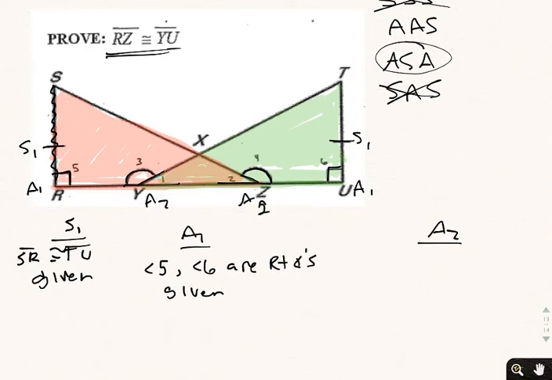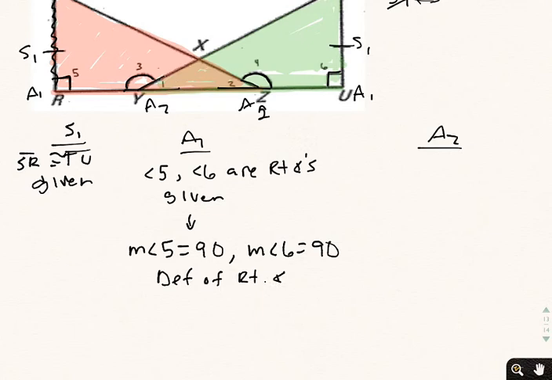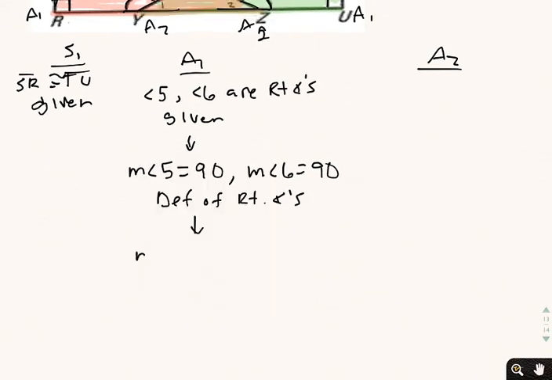Okay. Well, if 5 and 6 are right angles, it's reasonable to say that the measurement of angle 5 is equal to 90, in the same way that the measurement of angle 6 is equal to 90. But wait a minute, if they're both equal to 90 by the definition of right angles, I could reasonably conclude that the measurement of angle 5 is equal to the measurement of angle 6.